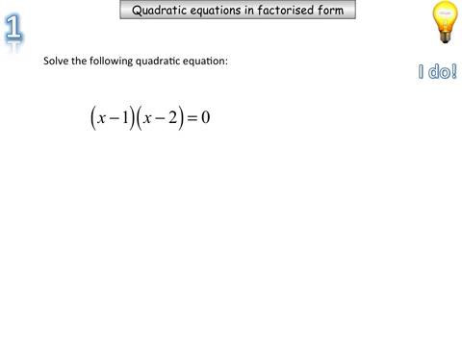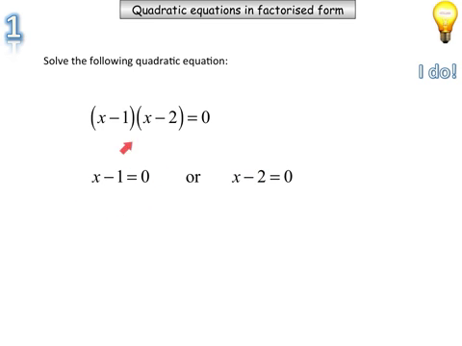Now we just said that two numbers multiplying by each other means that the first number has to be equal to 0 or the second number is equal to 0. So we'll write that. The first, x minus 1 is equal to 0 or x minus 2 is equal to 0.